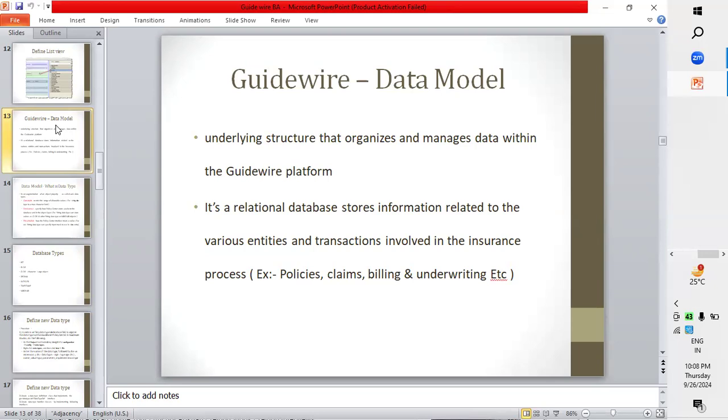In the next paragraph. As far as policies are concerned, managing all the policy records of the customers is something that comes under the data model.